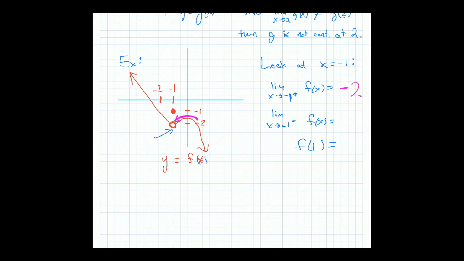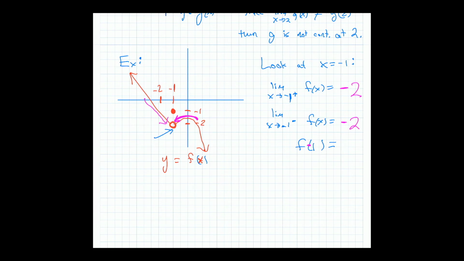Then we can do the limit as x approaches -1 from the left. So you're on the other side, over here somewhere. You trace the curve from the left, like that. And what y value do you end up at? Answer, -2, again. All right, so far so good. Now then we have to work out f of -1.